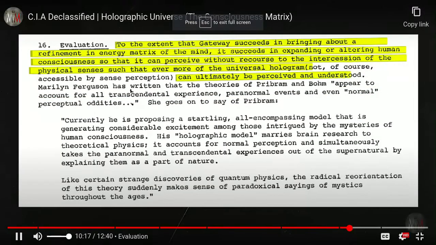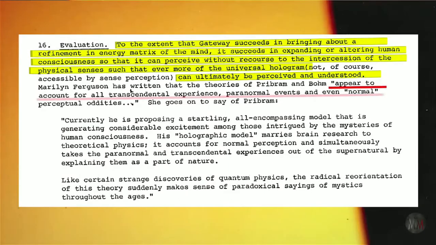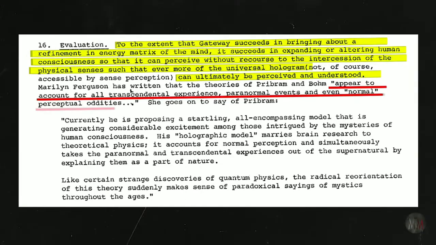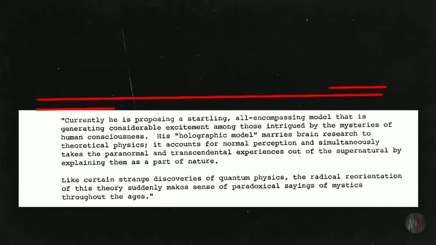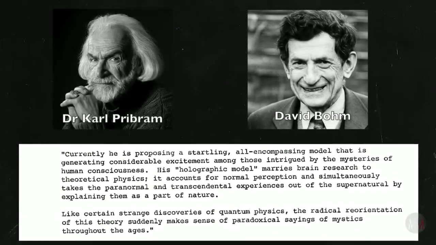She goes on. Marilyn Ferguson has written that the theories of Pribram and Bohm appear to account for all transcendental experience, paranormal events, and even normal perceptual oddities. She goes on to say of Pribram, currently he is proposing a startling, all-encompassing model that is generating considerable excitement among those intrigued by the mysteries of human consciousness.